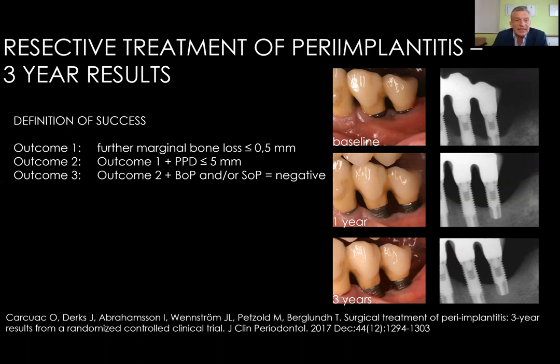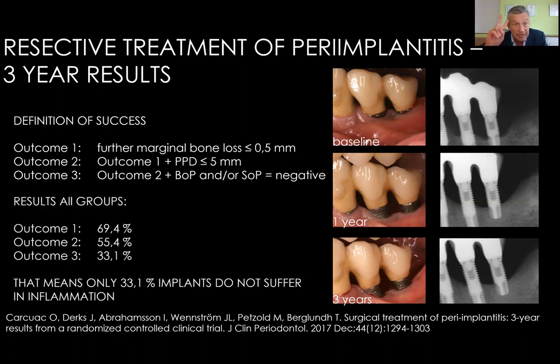In this study, implants were treated with an apical reposition flap, and they defined 3 outcomes. Outcome 1 was no further marginal bone loss of more than 0.5 millimeters, so they still accepted bone loss. Outcome 2 was outcome 1 plus probing depth less than 5 millimeters. And outcome 3 was outcome 2 plus no bleeding and no pus, so no inflammation.